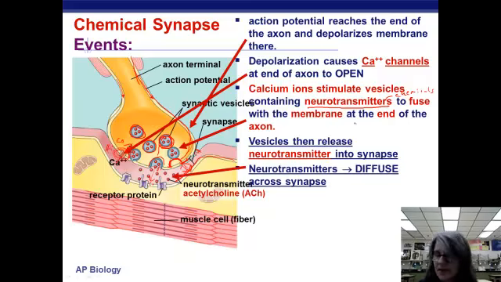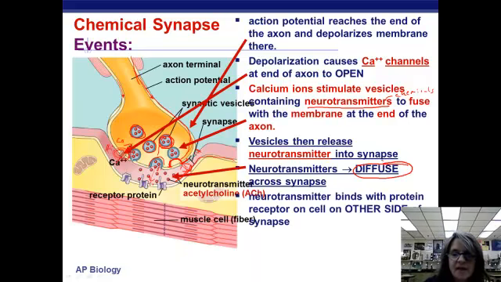Really important. They diffuse across the synapse with their concentration gradient. Now, once they get to the other side of the synapse, there are little receptors over here that are designed specifically to receive whatever particular neurotransmitter this is. And they will land in these receptors and cause things to happen.